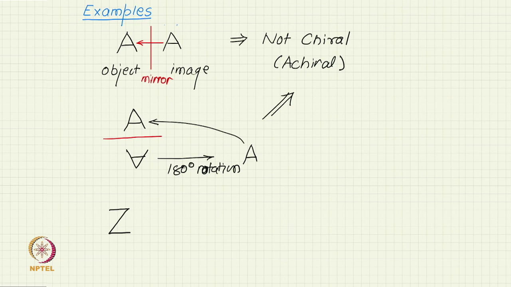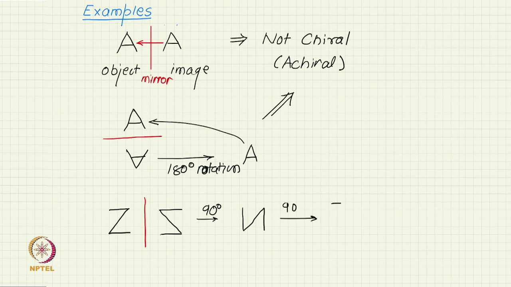If I now reflect this one in a mirror, you can see that I get an inverted Z, and now no rotation is possible which will bring this into self coincidence with the original Z. Suppose I rotate the image by 90 degrees, I get something like this.